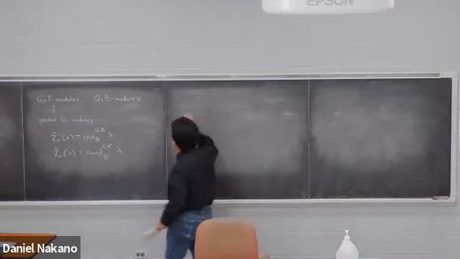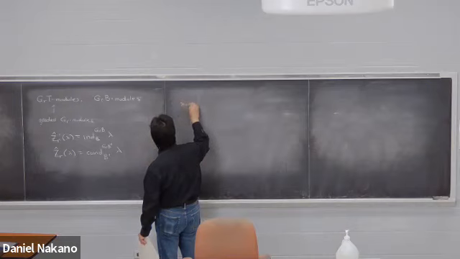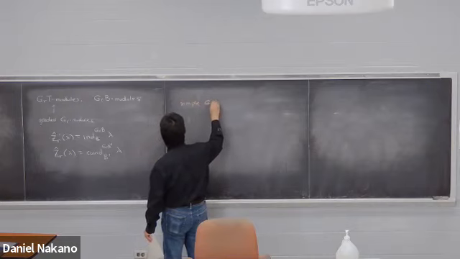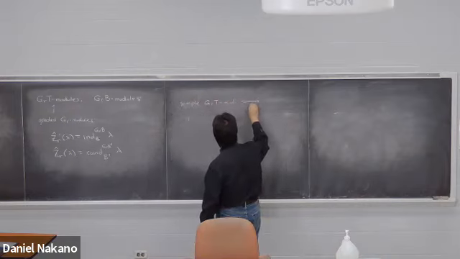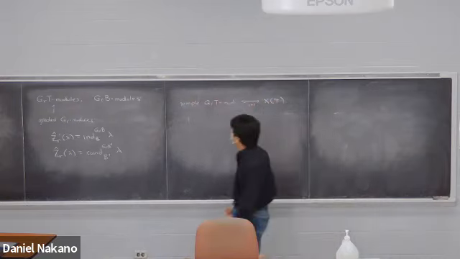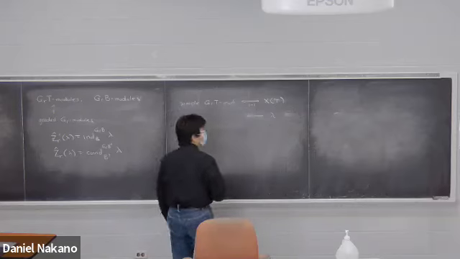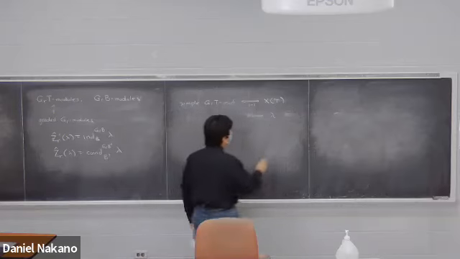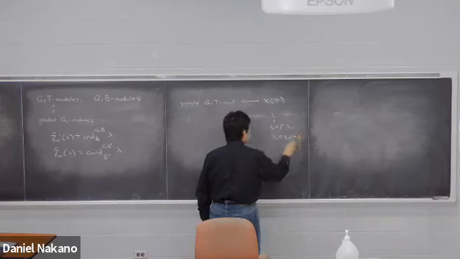And the nice thing is we can use these modules for classification. So the simple GRT modules are in one-to-one correspondence with weights. So I'm going to take a weight lambda over here. What I can do is express this weight as lambda 0 plus p to the r lambda 1, where lambda 0 is in XRT.